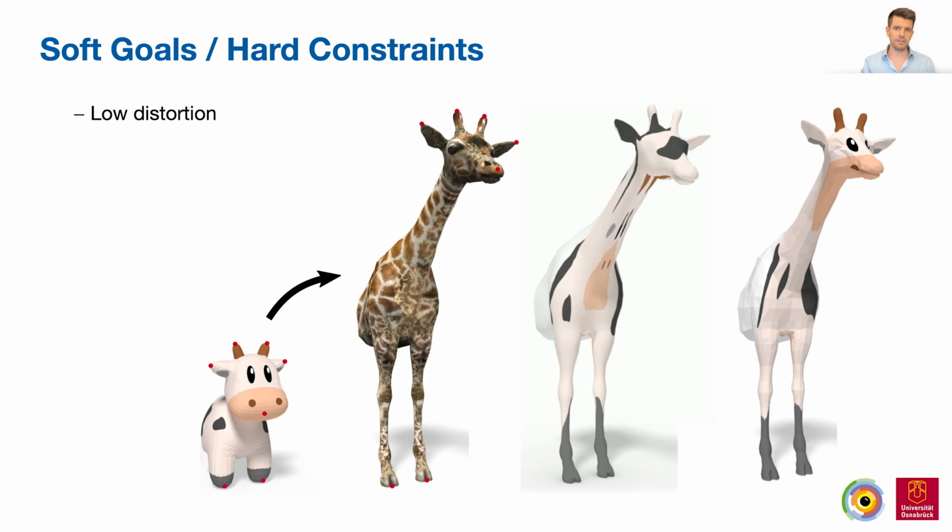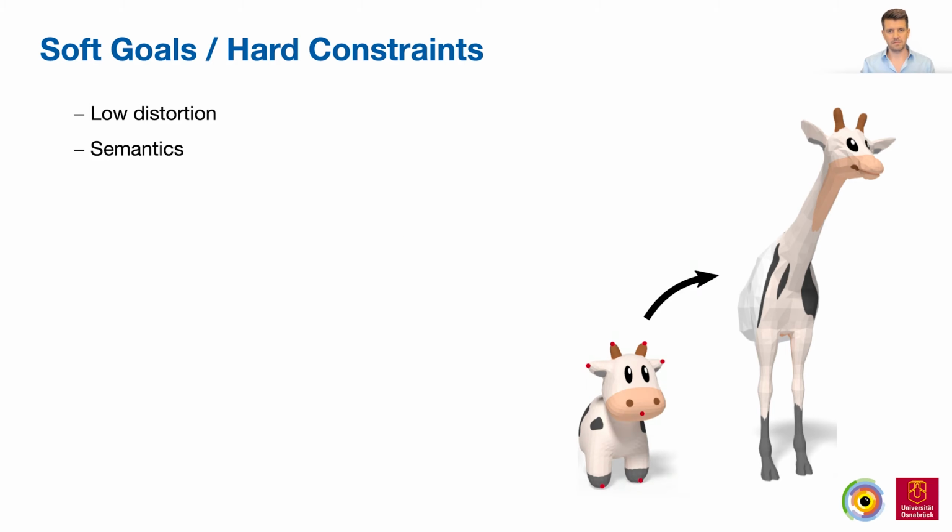Additionally, beyond these purely geometrical questions of map distortion, semantics can be of relevance. Here, just to give an example, we see a map between a cow and a giraffe, or actually parts thereof. It is optimal in that it has, in some particular sense, least distortion among all homeomorphisms between these two surfaces. But semantically, it may not be what one would like to have.